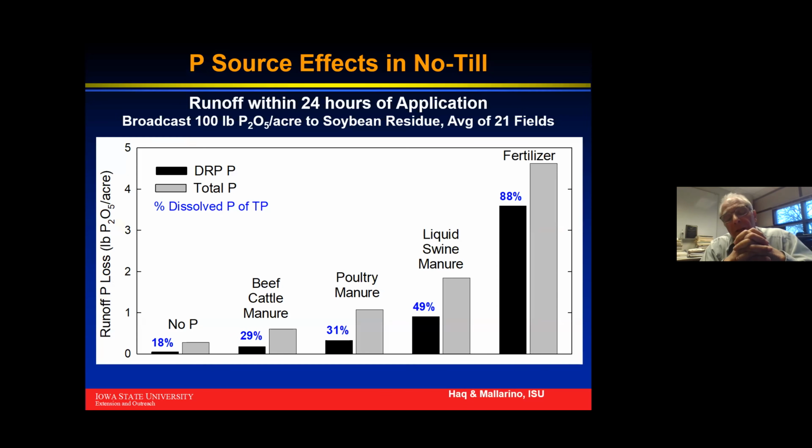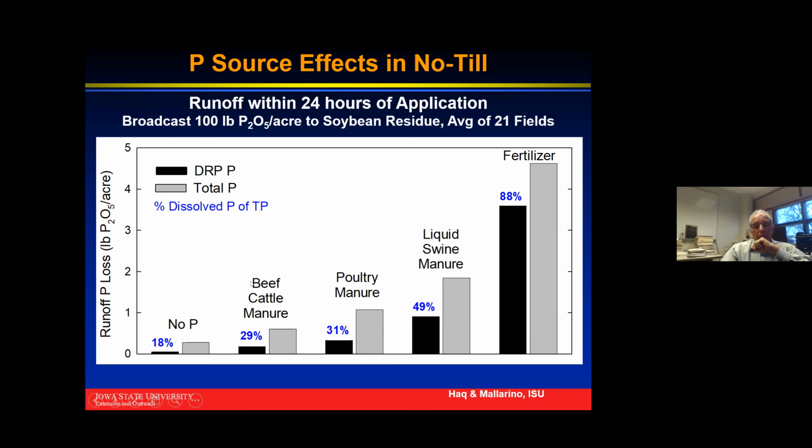So one interesting project of many is that we have 21 fields, and we have this comparison, okay? There's 100 pounds of P2O5 applied to soybean residue, okay? And then we did the same rate with beef cattle manure, poultry manure, liquid swine manure, fertilizer.